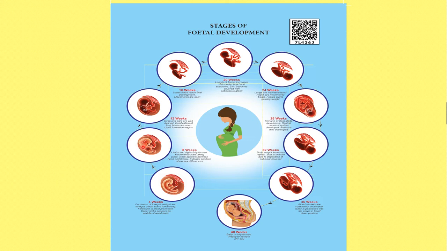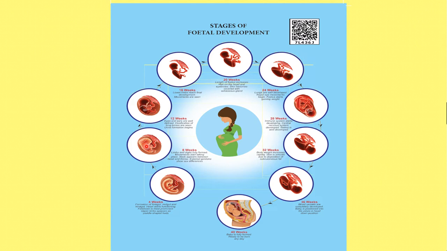Right. And this is the 8th week embryo. So here, you can see the limbs, that is the upper limb and lower limb, hands and legs with the digits developing. So digits are fully formed. And the neck appears. Okay.